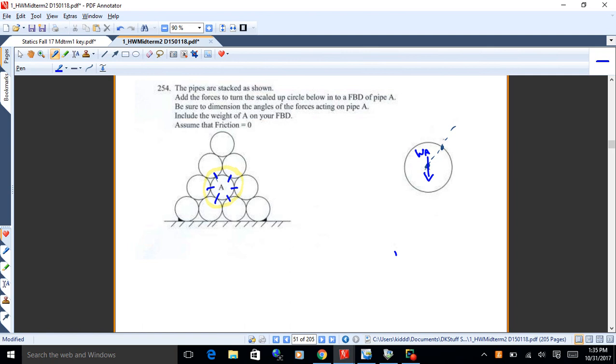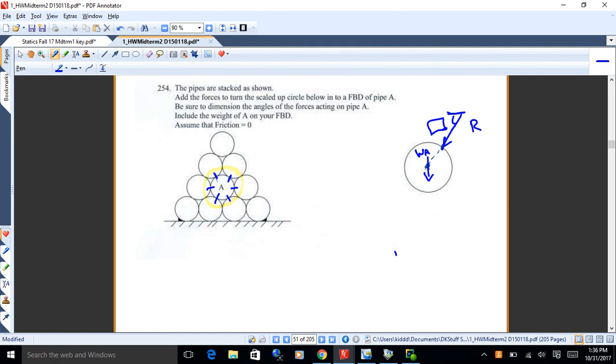Okay. So, and then figure out the directions of the forces and then label them, okay? So if you've got a force on there, that's going to be a reaction, whatever you want to call it, but get the angle in there, whatever that angle happens to be, okay? And remember that forces are normal to the flat surface, and also if you've got tangency here, use the tangent line as your flat surface, okay?